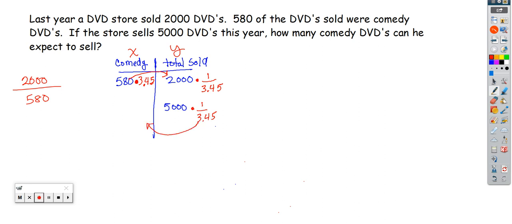So that's going to be 5,000 divided by 3.45, and that gives me 1,449.27. So I'm just going to round that to 1,449. So that's how many DVDs he would sell as comedy DVDs if he sold a total of 5,000 based on this rate here.